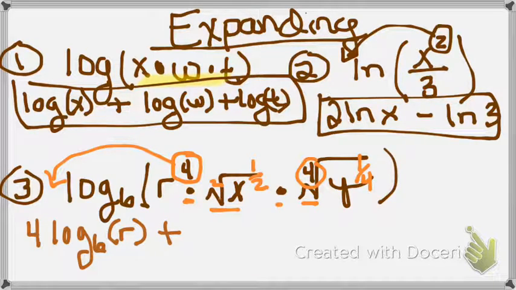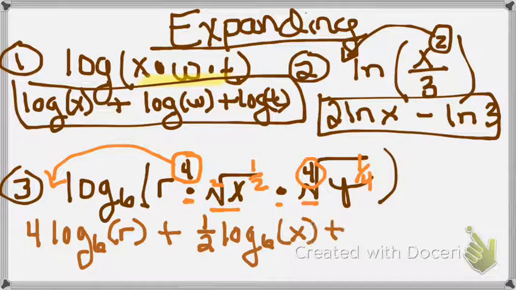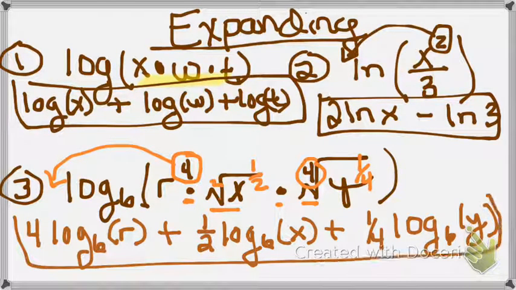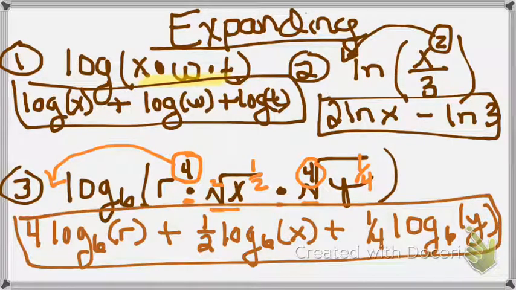I just told you it's 1/2, so you can write 1/2 log base 6 of x plus 1/4 log base 6 of y. That will be it expanded. That's the expanded notation. And that's a short, brief lesson on expanding and condensing.